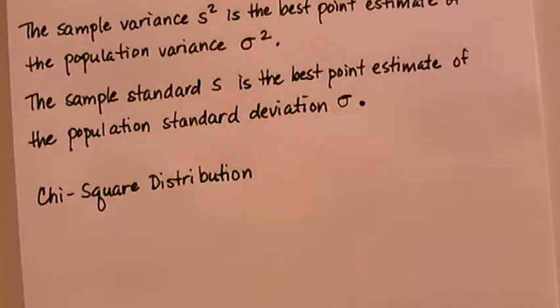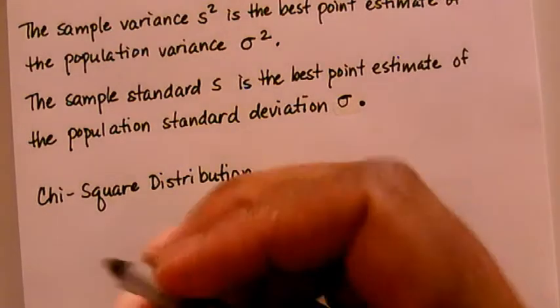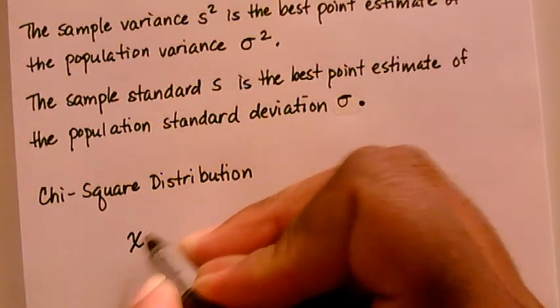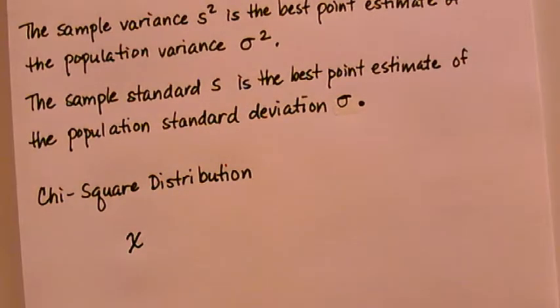Now in this case, when we're estimating a population standard deviation or a population variance, we're going to be using what they call the chi-square distribution. Okay? And this is the Greek letter chi, and it's squared, so we do have the exponent of 2.